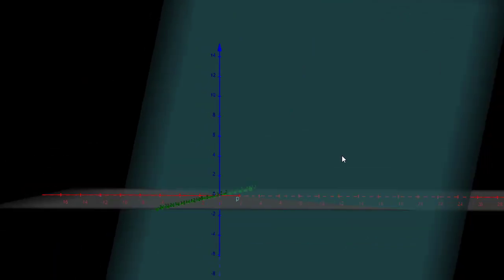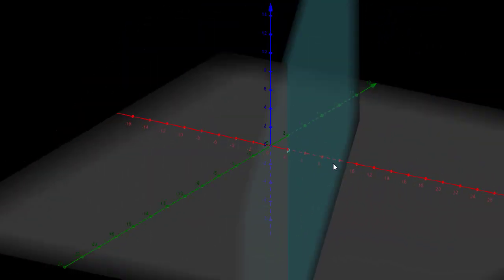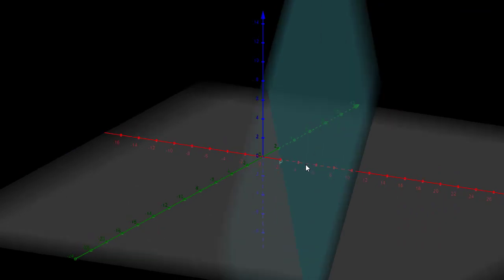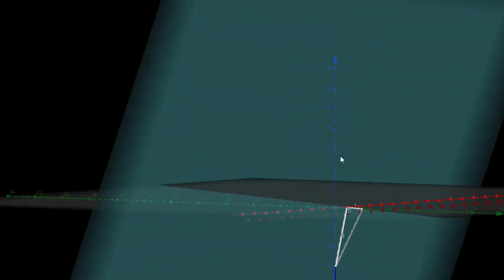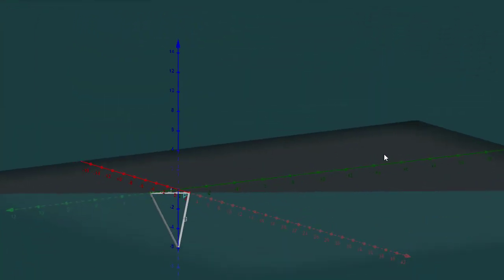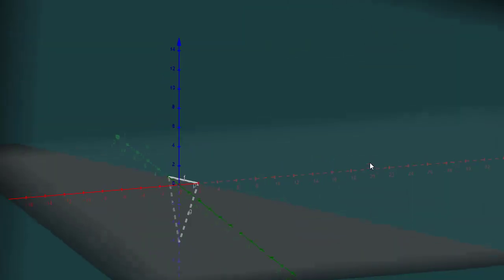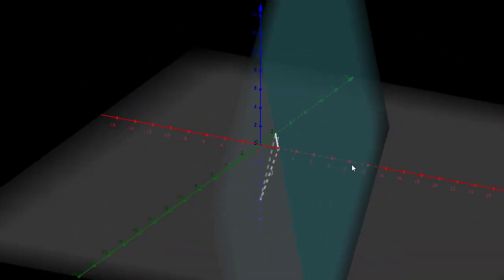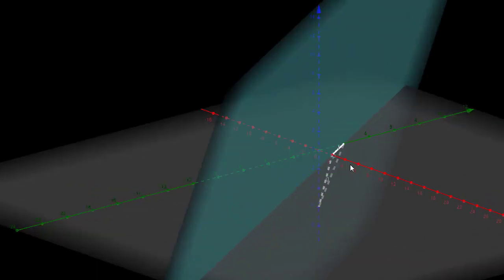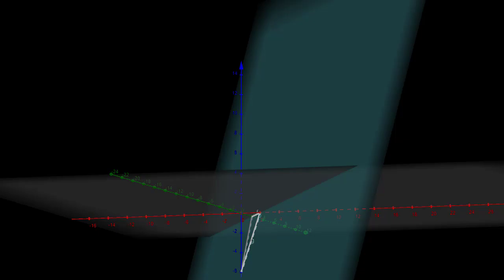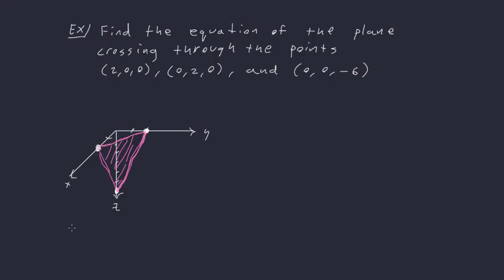I do like using the little triangle because I feel like it gives a nice representation of what's going on. Here I threw in the triangle so it's a little easier to view. Again, I just like to use this to give me a nice visual. Okay, but it doesn't give us the equation if we need to work with the equation for whatever reason.